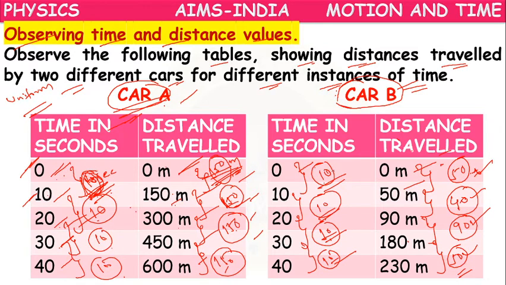So by this table, what can we conclude? Car B is showing non-uniform motion. Non-uniform motion means in equal intervals of time covering unequal distances.